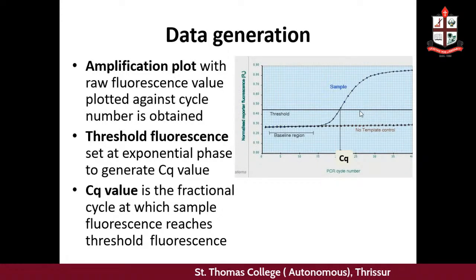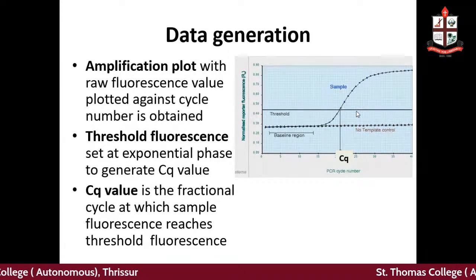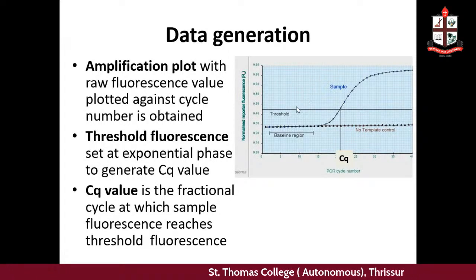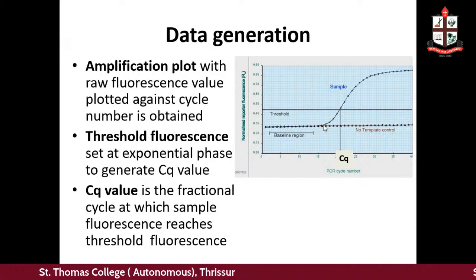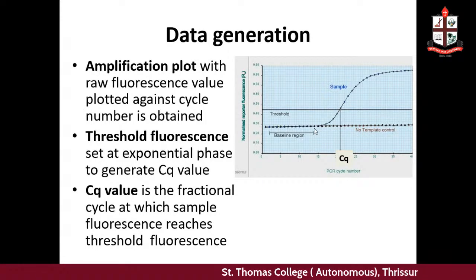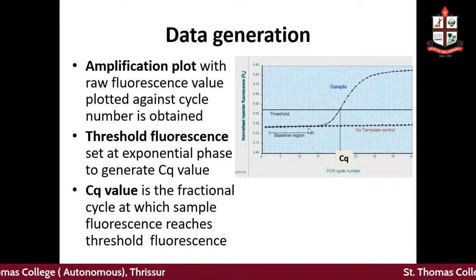So that's how real-time PCR helps us to compare the amount of gene in different samples. Once again, a sample which has fewer copies of your gene will take more cycles to reach that threshold fluorescence, and a sample with more initial copies of that gene will take fewer PCR cycles to reach the same threshold.